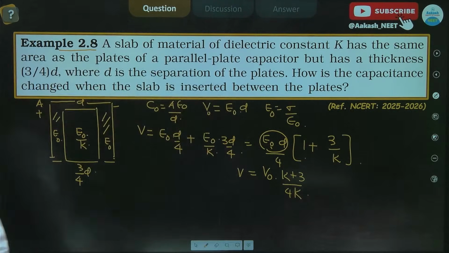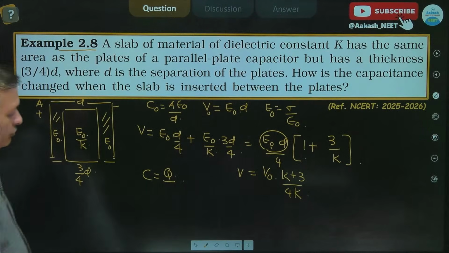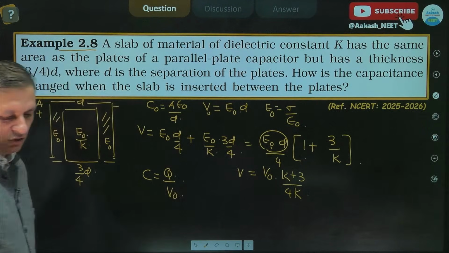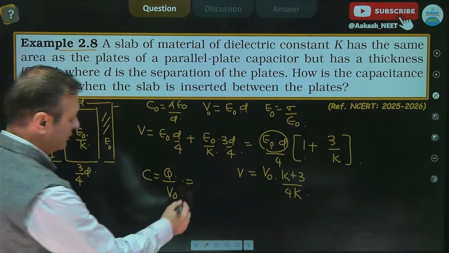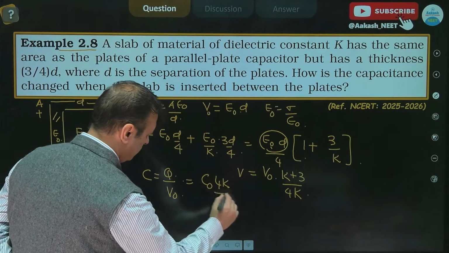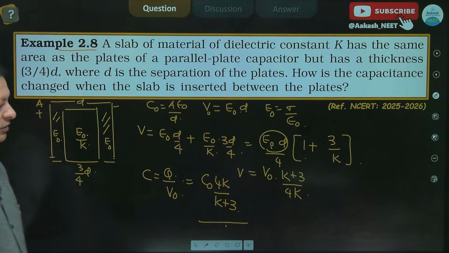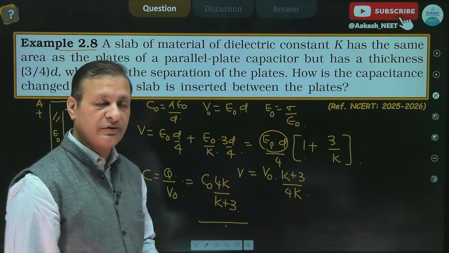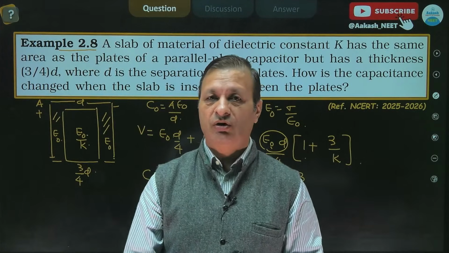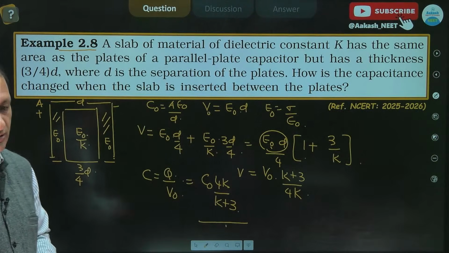So the new potential difference between the plates is given by this one, and capacitance is, charge remains the same, the original charge, by the new potential. And when you put the value of V naught, it gives you C naught 4K by K plus 3. So this is how the capacitance would change by a factor of 4K by K plus 3, when a dielectric slab of dielectric constant K is introduced between the plates of the capacitor.